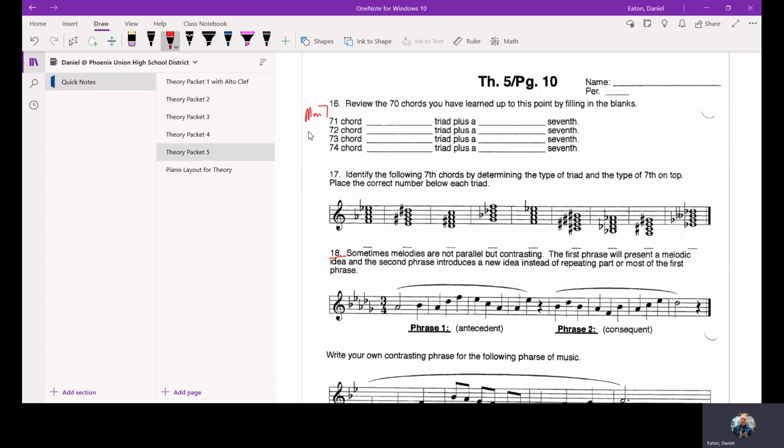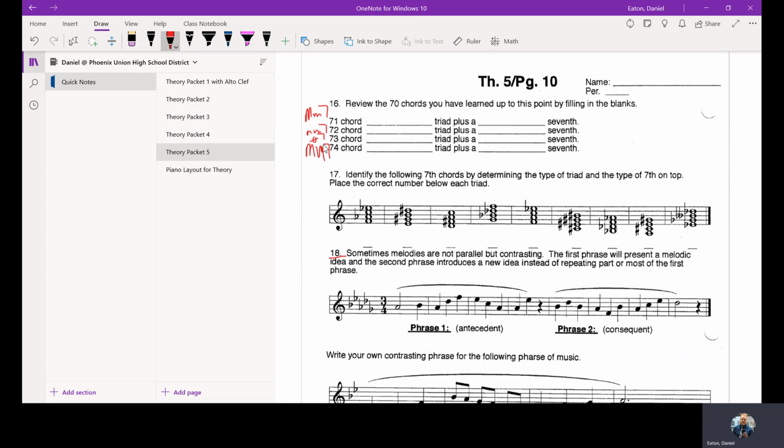A 7-2 is a minor 7th chord. A 7-3 chord is a half diminished. And a 7-4 chord is a major 7th chord. Again, as you can see here, there's no rhyme or reason to how this progression works. It just kind of fills it in.